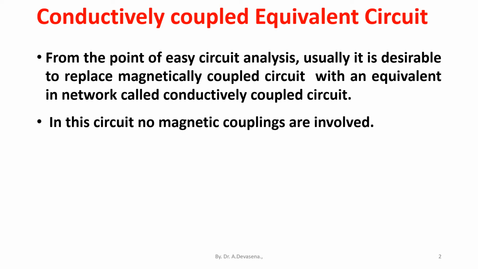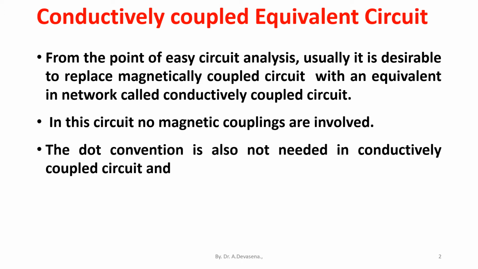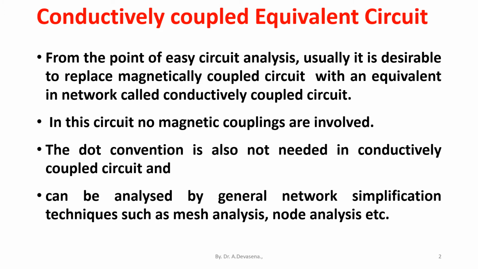In this circuit, no magnetic couplings are involved. The dot convention is also not needed, and it can be analyzed by general network simplification techniques such as mesh analysis, nodal analysis, etc.